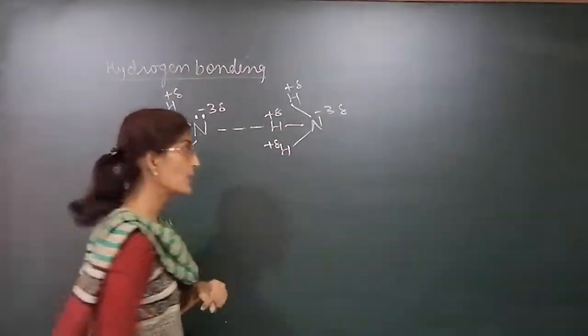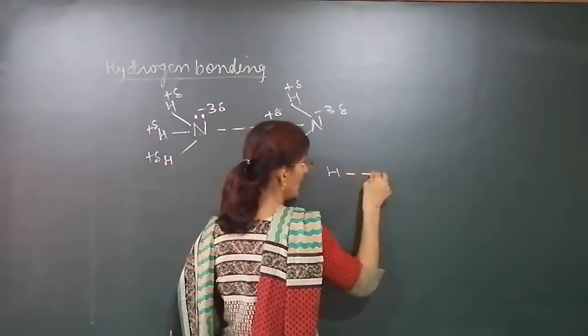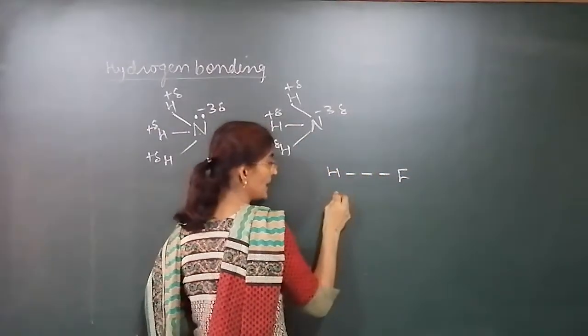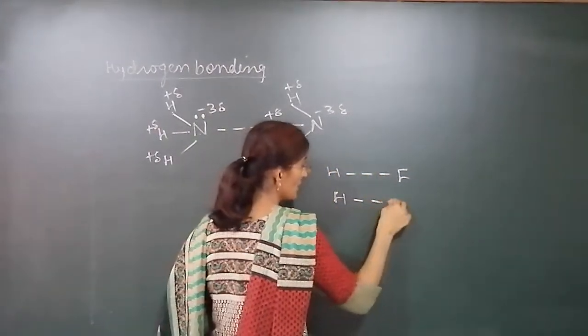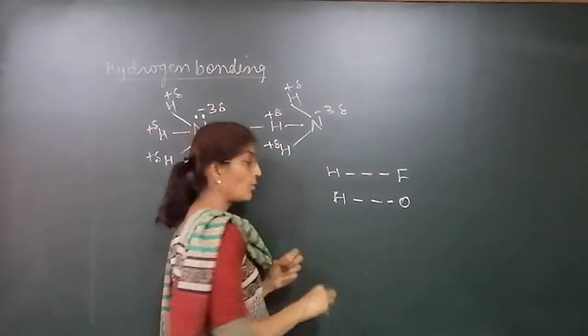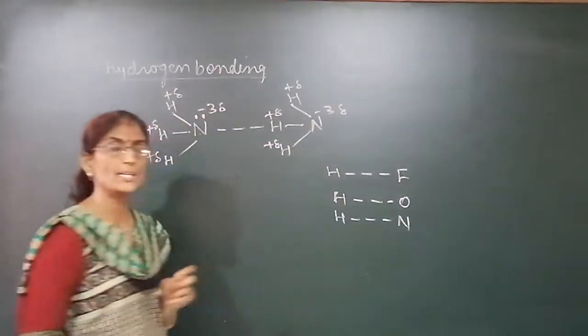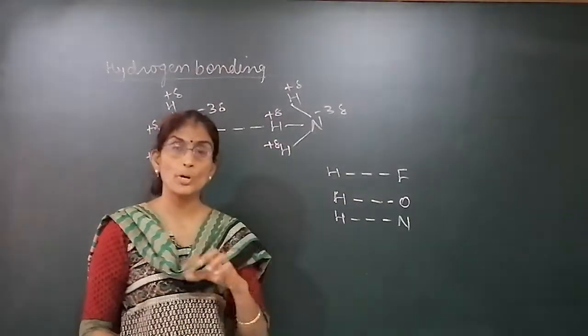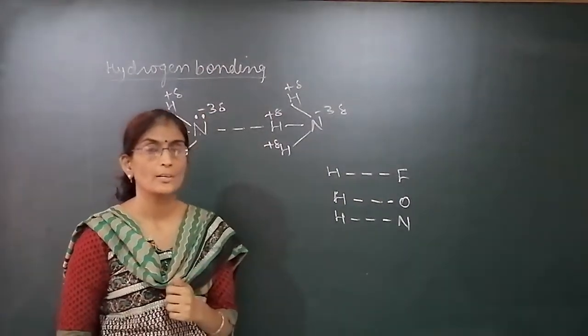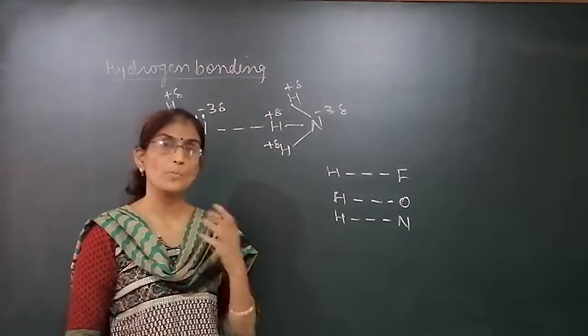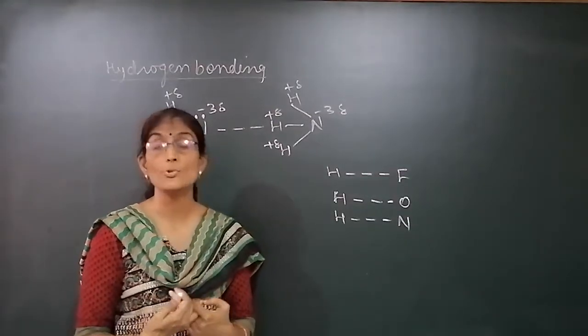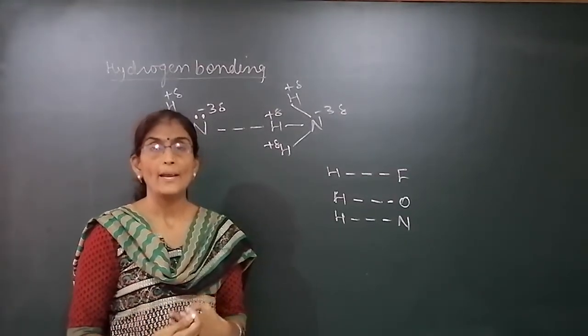Clear? The strongest bond formed is between hydrogen and fluorine. After that, hydrogen and oxygen. And the least strength of hydrogen bond is with nitrogen. Now the question is, chlorine is more electronegative than nitrogen. Nitrogen forms hydrogen bond but chlorine won't. Why?